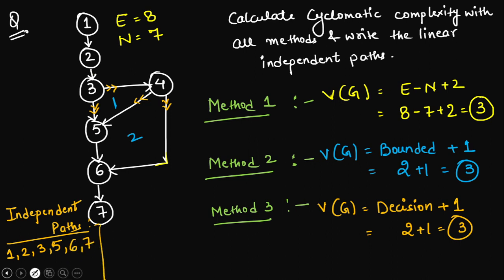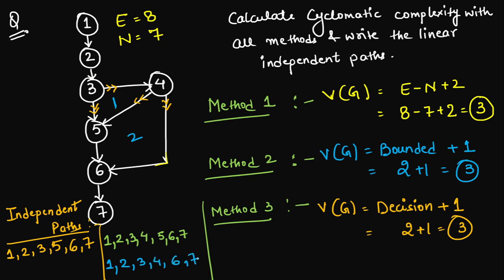This is your first path. The second path is 1, 2, 3, 4, 5, 6 and 7. Then one more path remains, that is 1, 2, 3, 4, 6 and 7. These are your three independent paths.